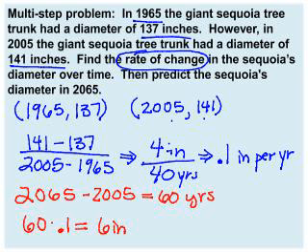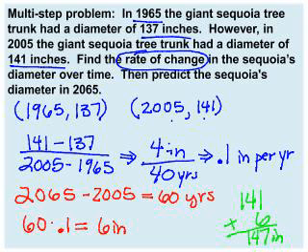Okay, so in 60 years, the tree's diameter is predicted to grow 6 inches. So if the diameter was 141 in 2005, and we predict it's going to grow 6 more inches before the year 2065, in 2065 the new diameter will be 147 inches. Okay, again, rate of change is exactly the same as slope. It's calculated the same way.